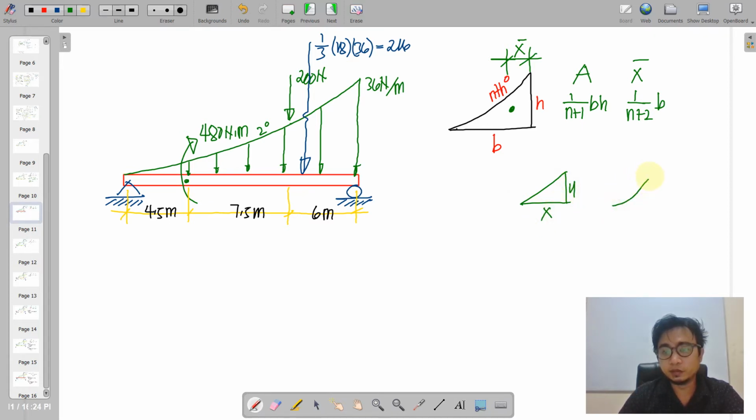And if we have here a curve, whatever is the degree, for example, a second degree curve, remember that this is a first degree curve if we have a straight line, and from second degree onwards it will become a curved line.